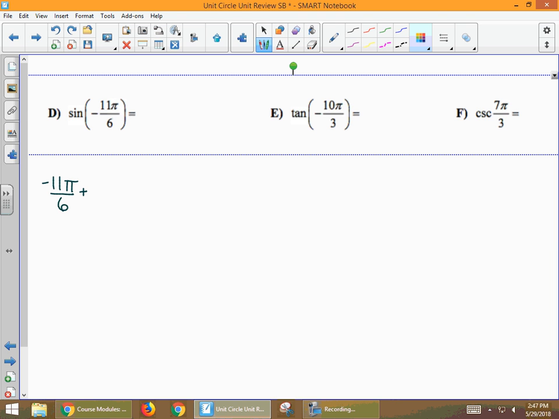It's not between 0 and 2 pi, so I'm going to add 2 pi. And 2 pi in sixths is 12 pi over 6. Negative 11 pi over 6 plus 12 pi over 6 is pi over 6. So pi over 6 is the angle I'm going to work with, and that's first quadrant. Sine at pi over 6 is positive 1/2.